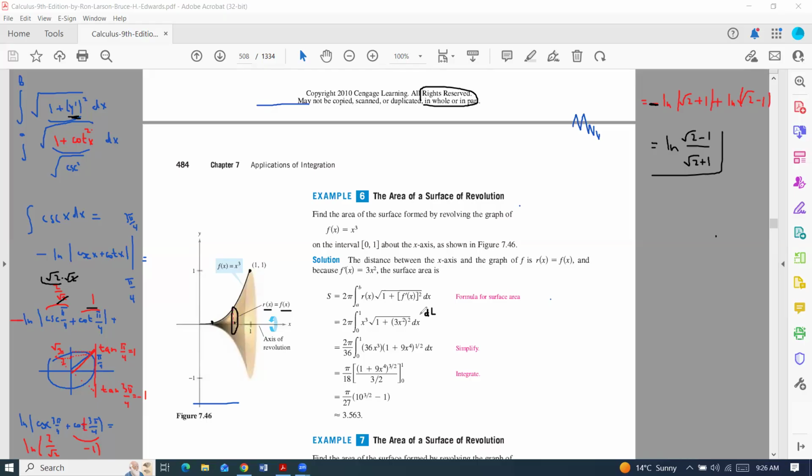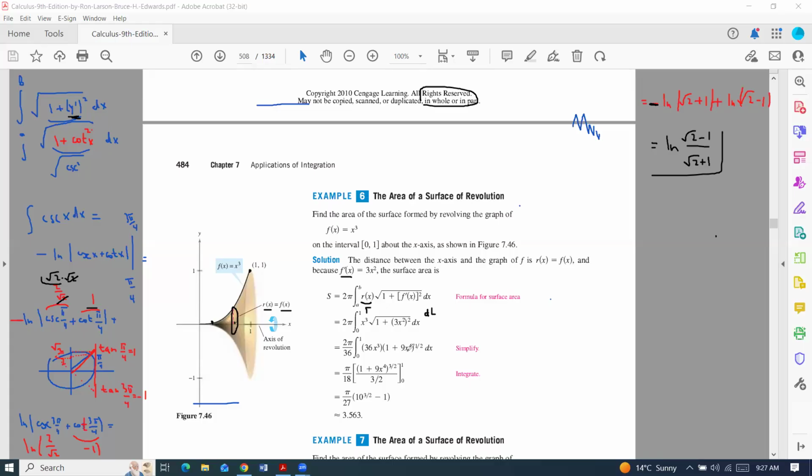So the radius is here. They call this little r. And then 1 plus y prime squared. Since the function is here, I need to know what y prime is. The derivative of x cubed is 3x squared. So now you have 1 plus 3x squared, and this is squared, under the square root.